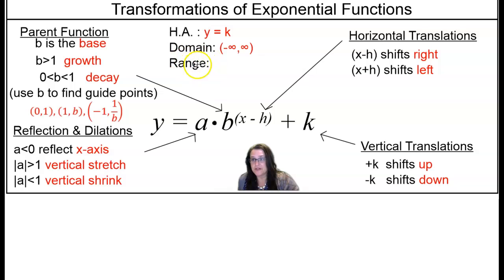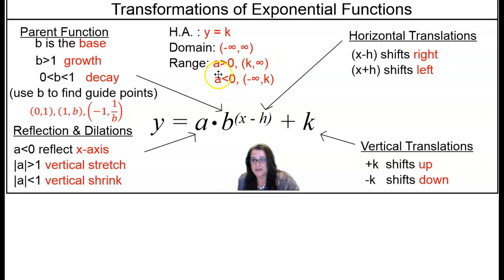And the range is going to be determined not just by the location of that horizontal asymptote, but also we have to consider if there's been a reflection in the x-axis, because that will change our range. So if there is no reflection in the x-axis, if the a is positive, then the range is going from that horizontal asymptote up to positive infinity.